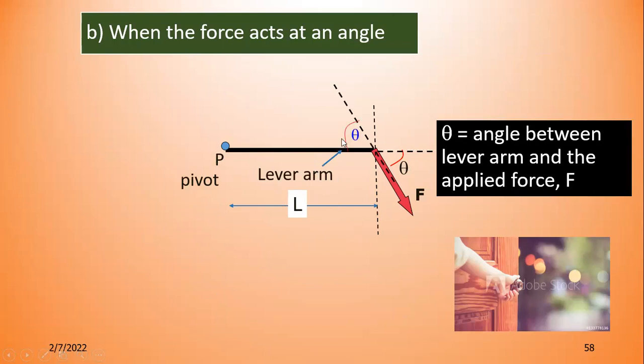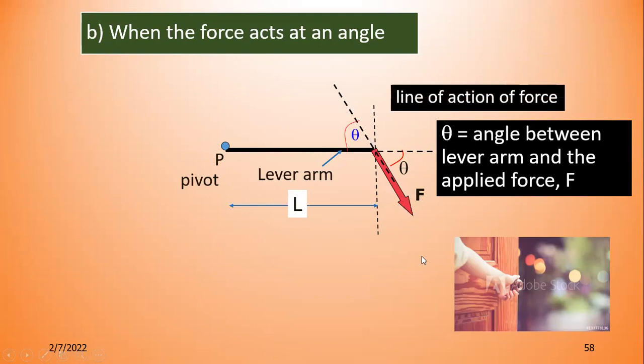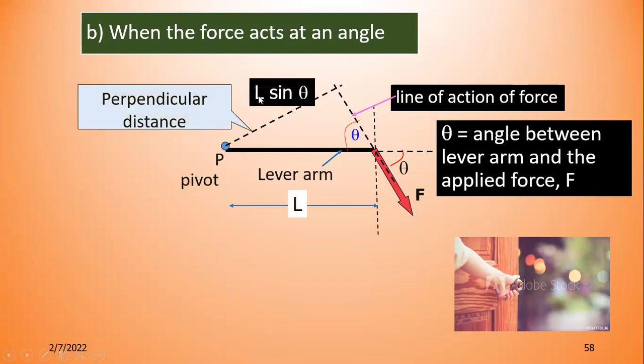This is the line of action of this force F, and that gives the perpendicular distance. Further away from the angle, it becomes L sine theta. This will be L cos theta.